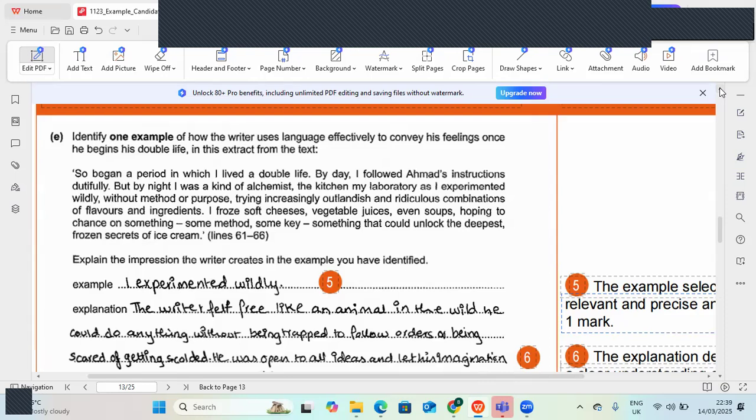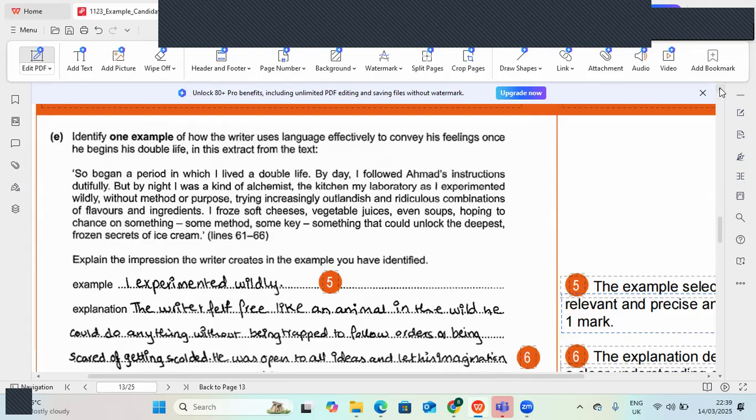I froze soft cheeses, vegetable juices, even soups, hoping to chance on something, some method, some key, something that could unlock the deepest frozen secrets of ice cream. So in this one, it's always recommended that you choose an unusual expression, an unusual feeling. Okay, so even I experimented wildly. This expression is very much language use when he says wildly.